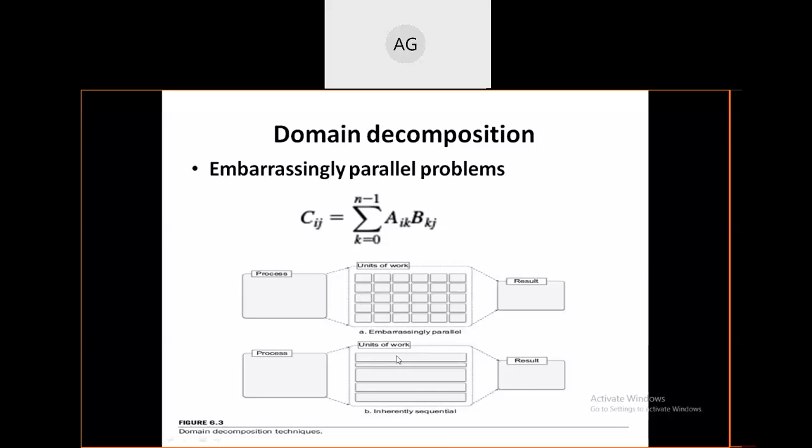Next, the number of columns of the first matrix must match the number of rows of the second matrix. Both embarrassingly parallel as well as inherently sequential apply: the a of ik is the embarrassingly parallel method and the b of kj is the inherently sequential.